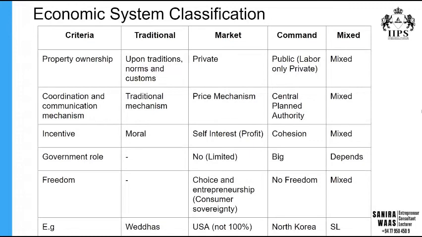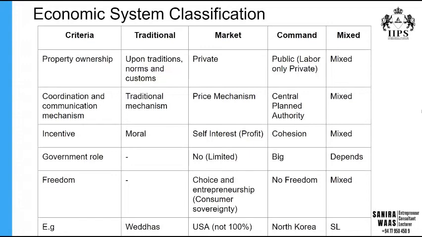When we focus on freedom, in a market economy we have the freedom to make choices and the freedom to be entrepreneurs. But in a command economy there is no such freedom, because it is restricted, as the government plays a bigger role and the incentive is coercion.